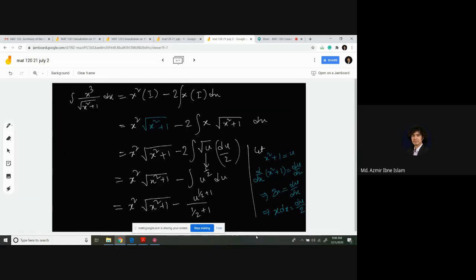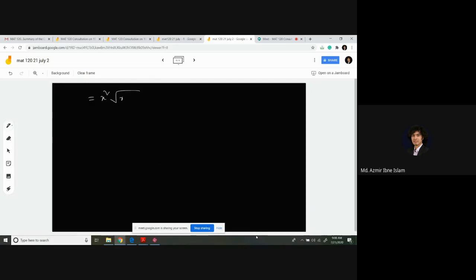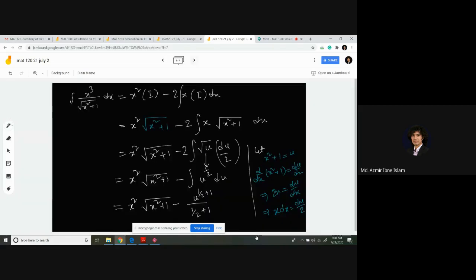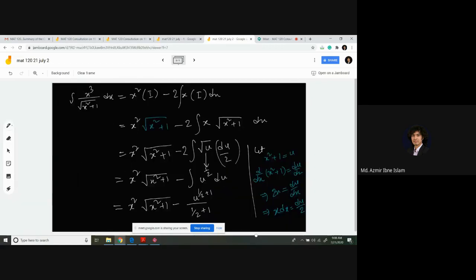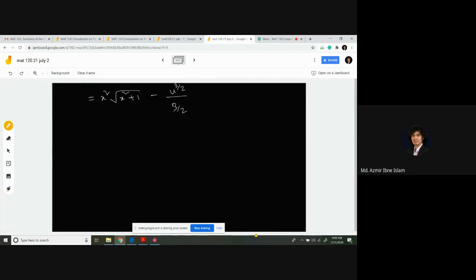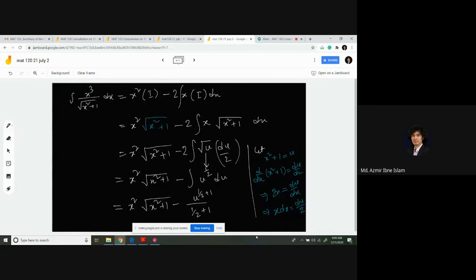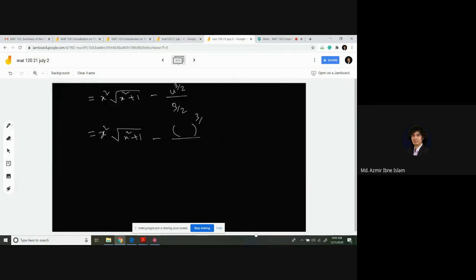We are getting x squared root over x squared plus 1 negative u power 3 by 2 over 3 by 2. And let's get back to x, because we have to convert u to x. So here we have x squared plus 1. So finally x squared root over x squared plus 1 negative x squared plus 1 to the power 3 by 2 over 3 by 2.